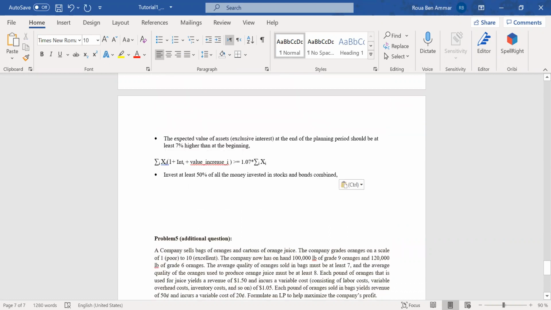X4 plus X5 plus X6 is the amount invested in stocks and bonds, and it should be greater than or equal to at least 0.5 times the total amount invested.